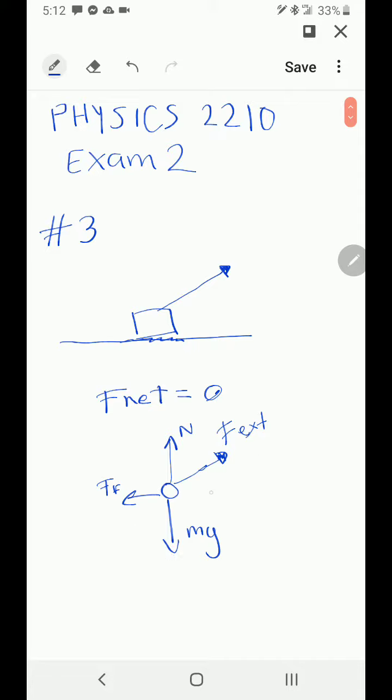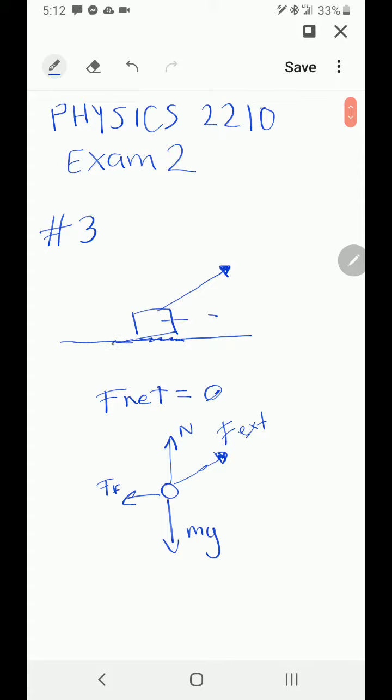But that's not true, because for the object to be moving at a constant speed, this external force has to be bigger than the friction force, so the object can move.